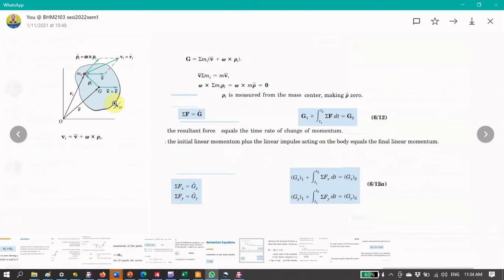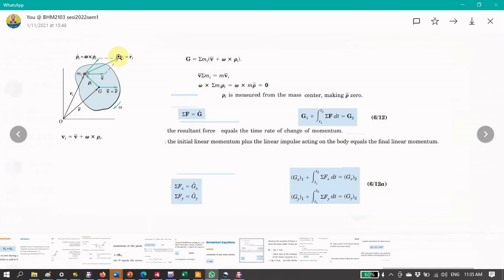For the rigid body, actually we are looking at plane motion, so we just consider maybe the x and y components only. In the figure, it tells us about the local velocity and the mass at the location is m with the subscript i.